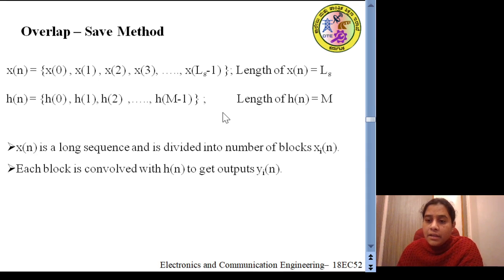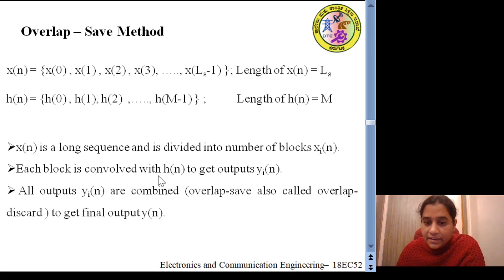Each block we have divided is convolved with the impulse response h of n to obtain the outputs yi of n. So yi of n is nothing but the convolved output of xi of n and h of n.